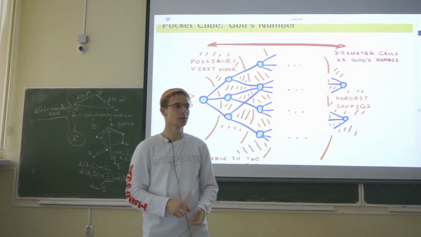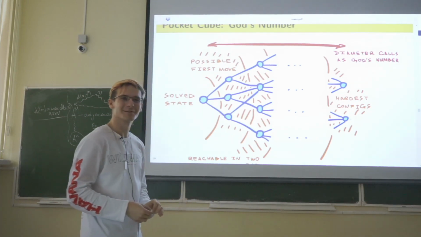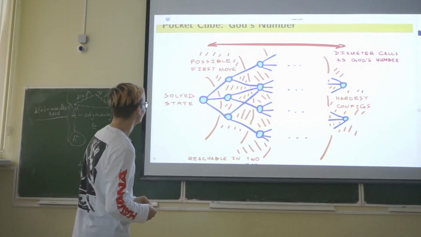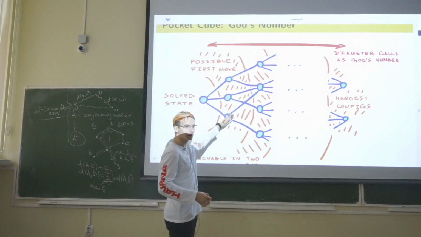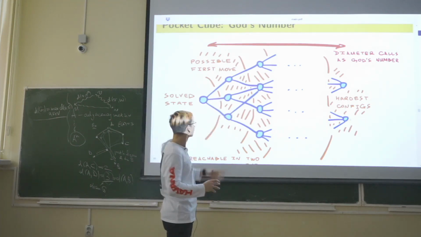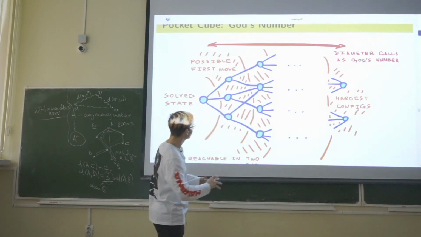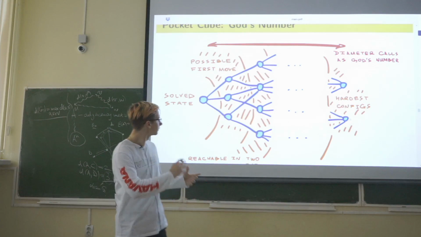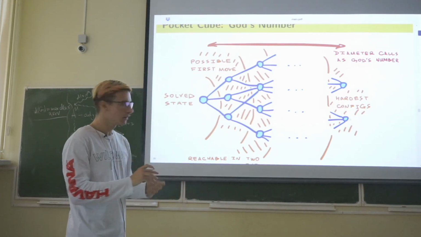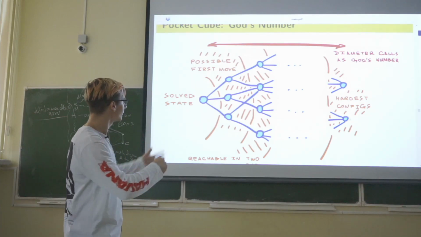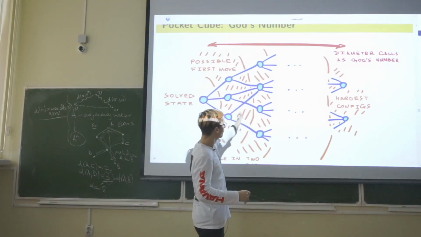The first wave of vertices equals the states that we can get when we use one move. Then when we use 2 moves, we get the second wave, etc.